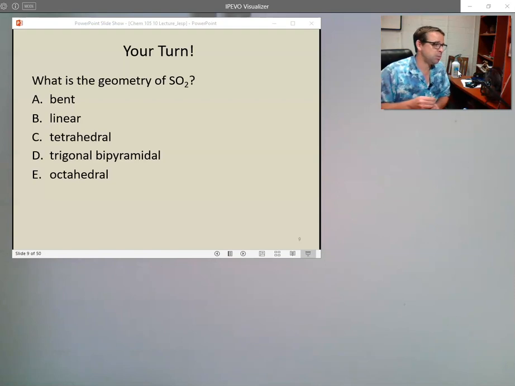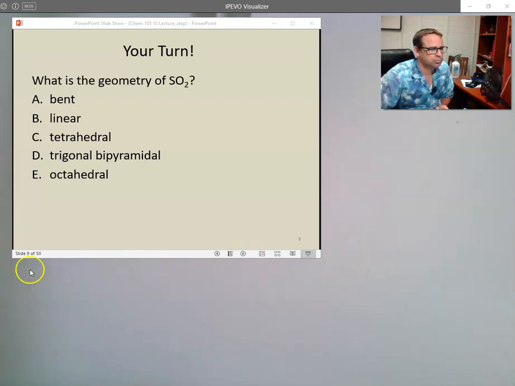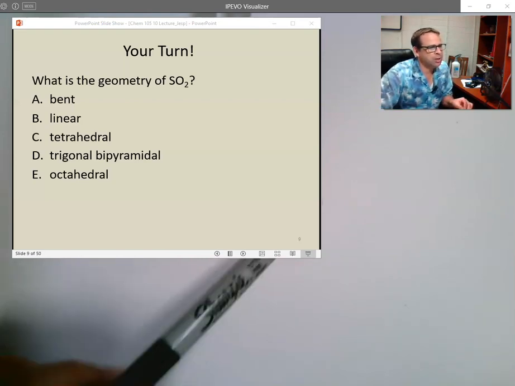You want to help me draw it? Ready to draw the Lewis dot structure for SO2?